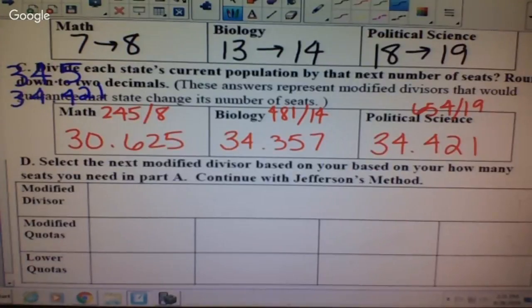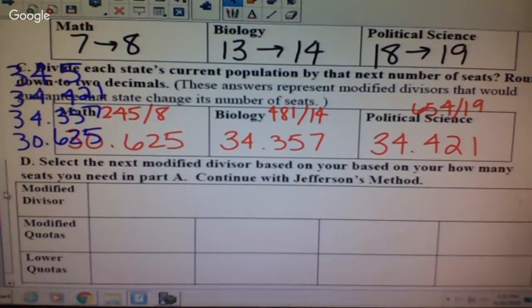What would go right below that? 34.357. And then finally, 30.625. They say because you need 2 seats, you should go 2 steps down. So I should skip this one, and I should use this one as my modified divisor.